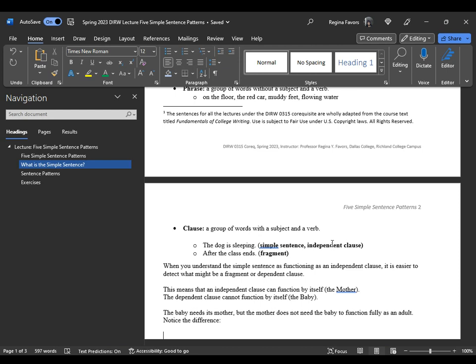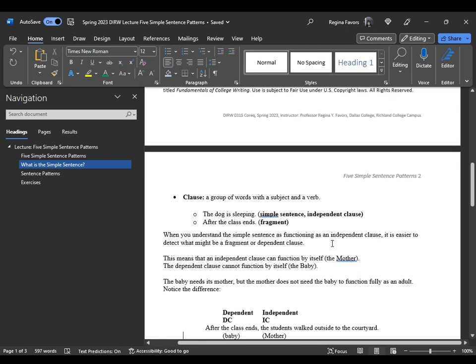But the second sentence, after the class ends, would be a dependent clause. It's a group of words with a subject and a verb. Class is the subject and ends is the verb, but it's not a complete sentence. It's not a simple sentence. It's not an independent clause, and it's not a complete thought because we're missing something. Therefore, it could work as a fragment because a fragment begins with a dependent word like after.